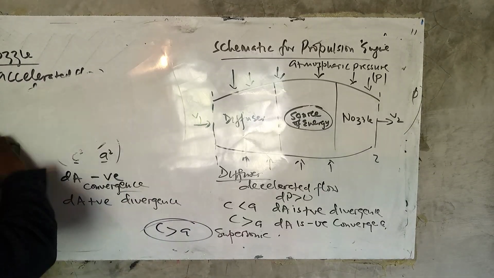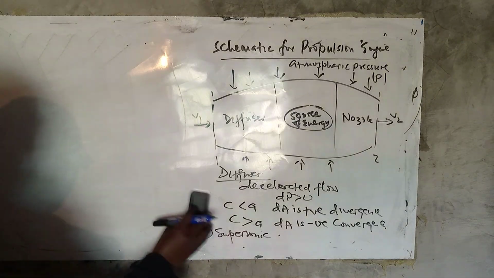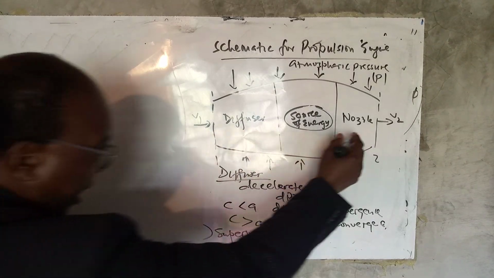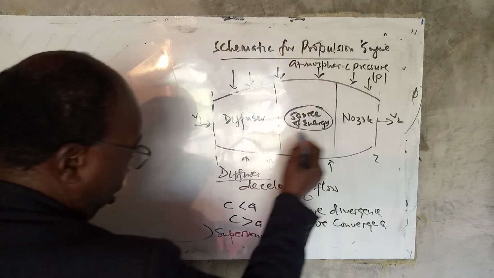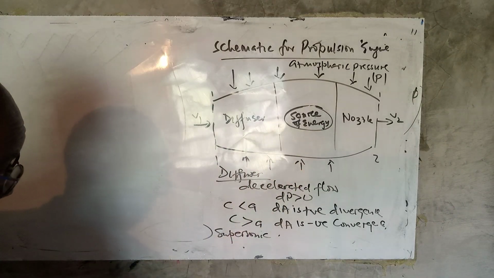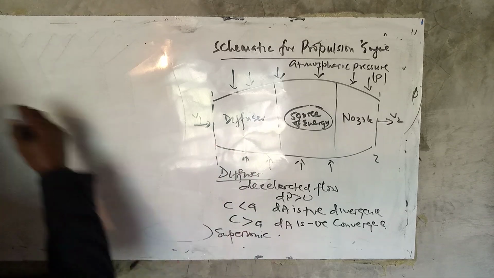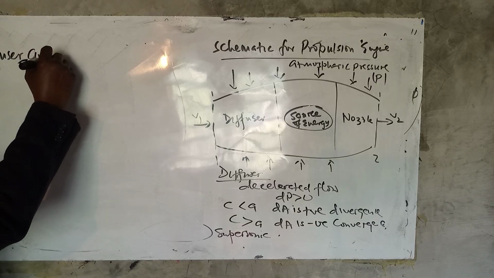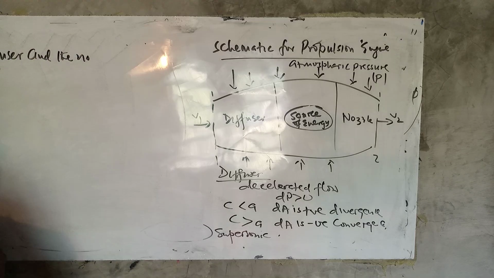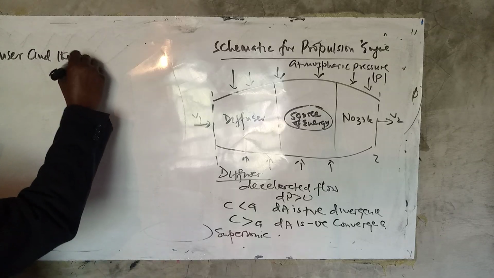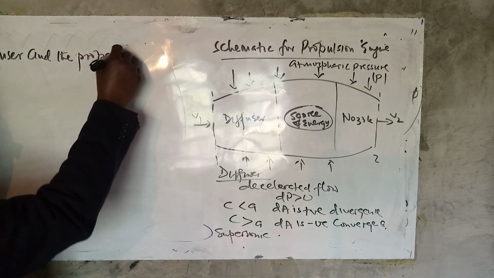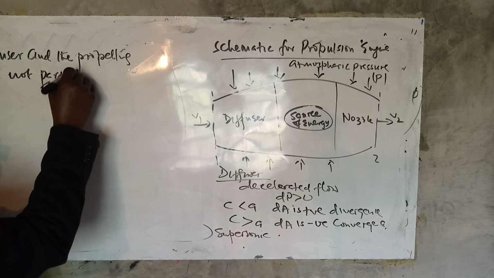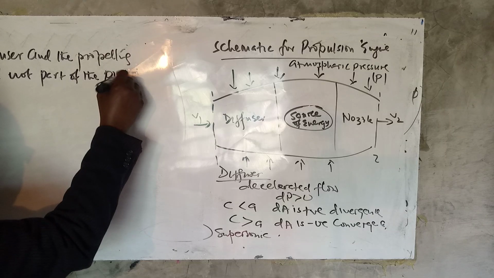Now, it's important to note that the diffuser and the nozzle, the propelling nozzle, are not part of the piston engine.